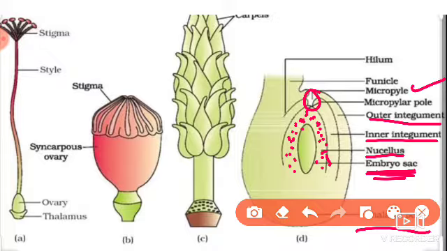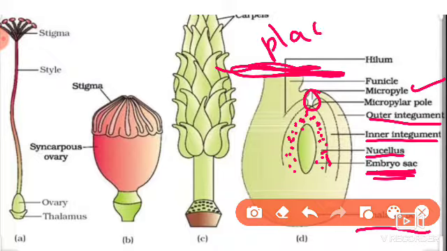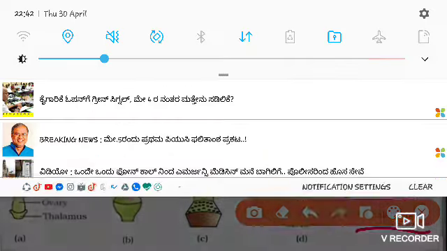And then along with that, this ovule is mainly attached to the placenta. Inside the ovary there are ovarian locules, and inside the ovarian locules there is the placenta, and these ovules are attached to the placenta.